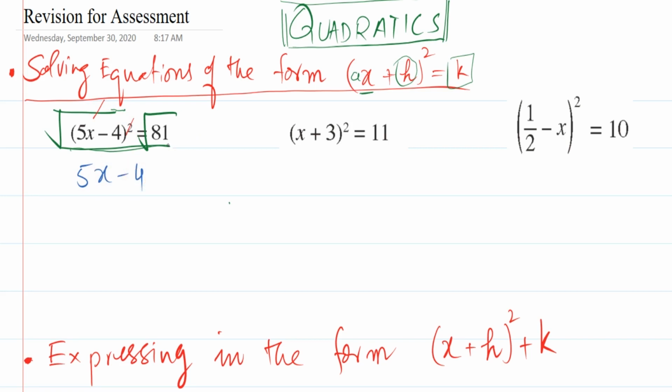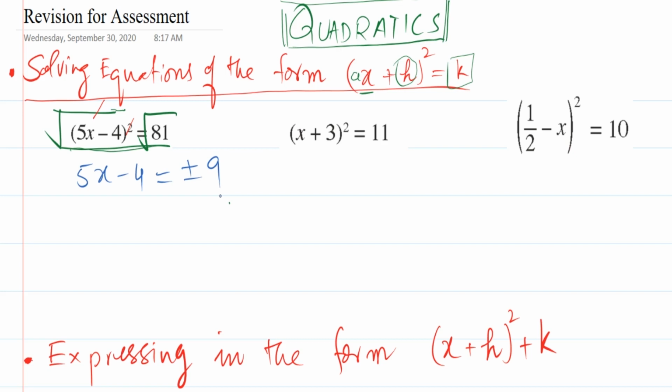We will be left with 5x minus 4 on the left, and then we will take the square root of 81. Since 81 is a perfect square, mentally we can take the square root of 81, which is 9. But it is not just 9, it is actually plus minus 9. Why? What is a square root?